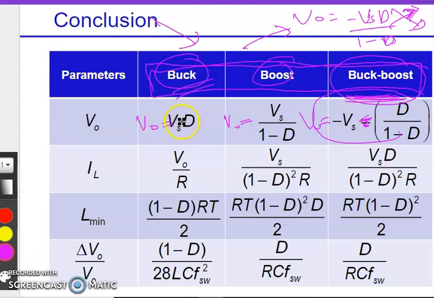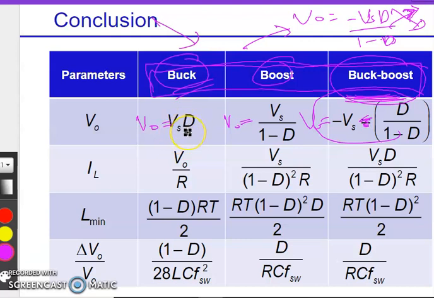Once your input changes, you have to maintain your output. So it depends on the duty cycle. For buck, it totally depends on the duty cycle versus the available source voltage at that time. If your source voltage goes to minimum, you have to adjust the duty cycle accordingly.